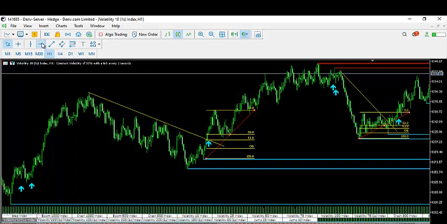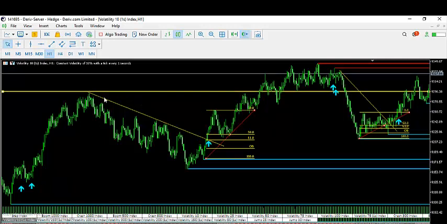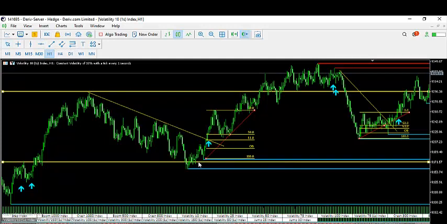Where will be our take profit? Our take profit will be around here, and our stop loss will just be below the last swing low before the arrow comes out. So you can see the distance between the take profit and the stop loss. This is how to use the system, guys.